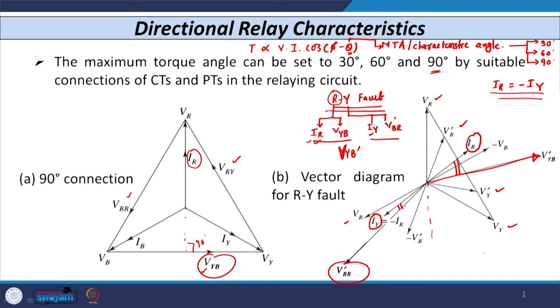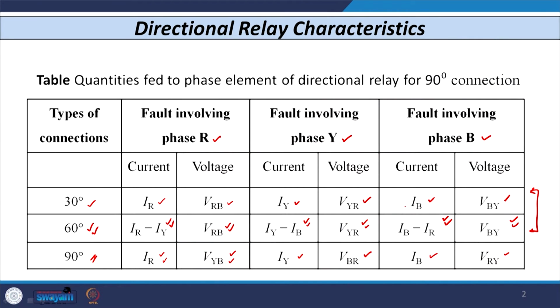So, the torque produced by the relay is very high. So, by utilizing the 90 degree connection and giving the input to the relay phase wise as in the last row, we can say that the directional relay produces maximum torque and there is no maloperation of relay.